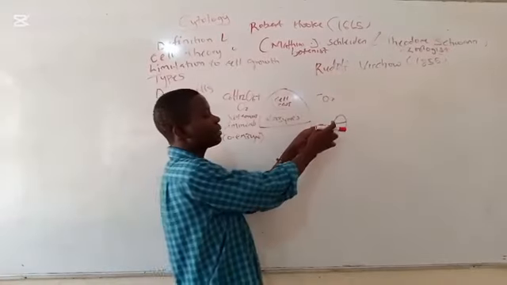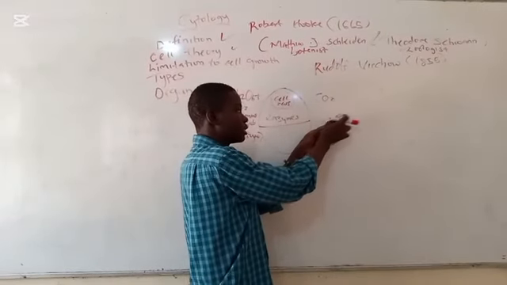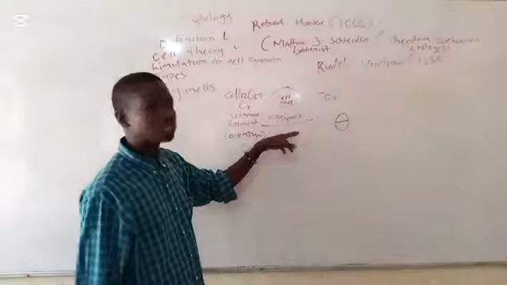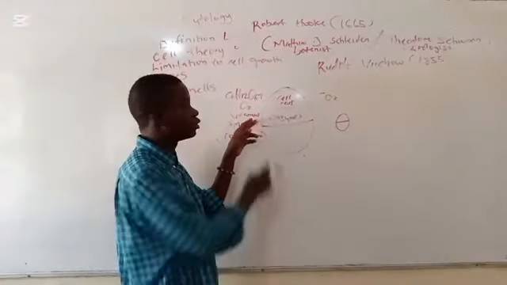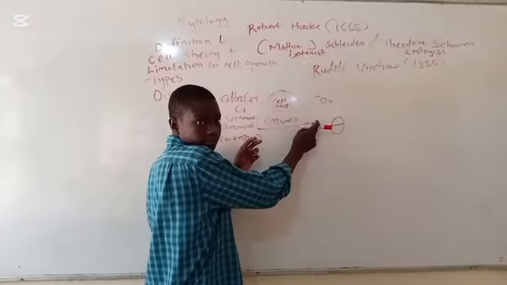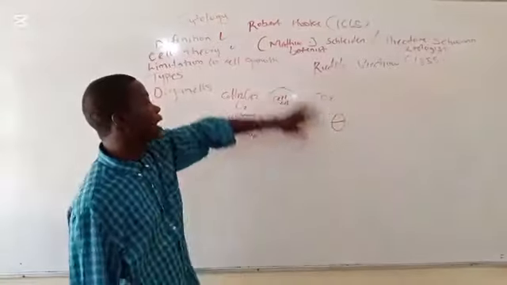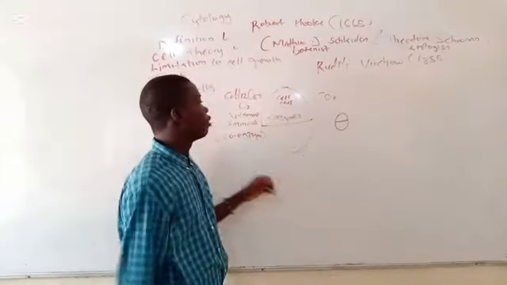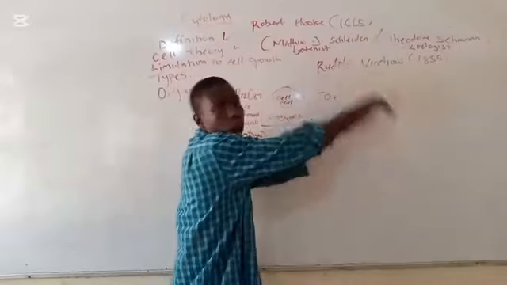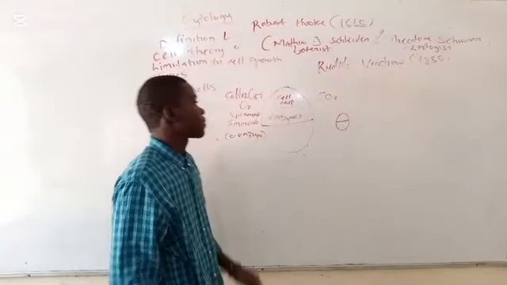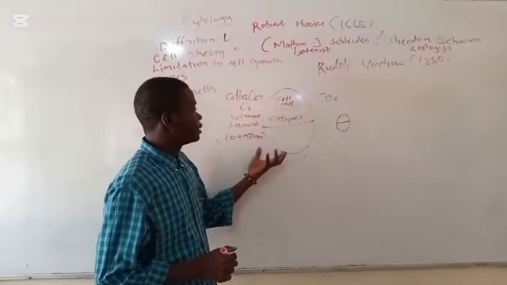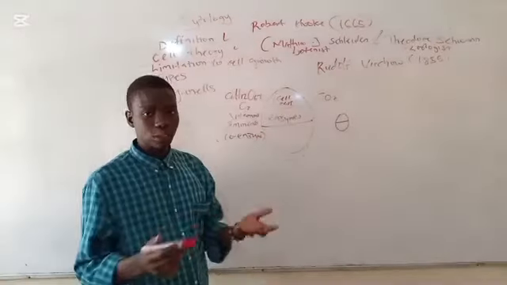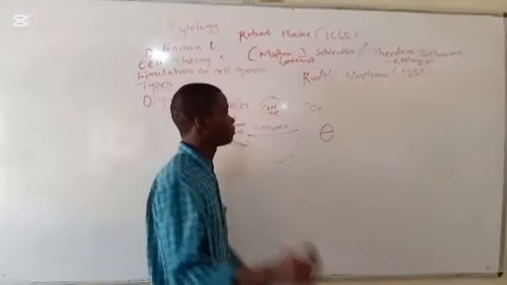So if it were to take me about 1 second to move from here to here, it will take me about twice or thrice that time to move from here to here. So this is the same analogy for how a cell operates. There has to be a fast exchange of both nutrients and waste products. Now, that is just a picture, but let's go to the mathematics aspect.